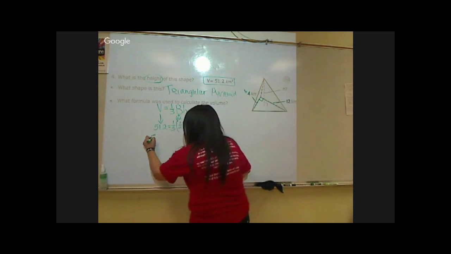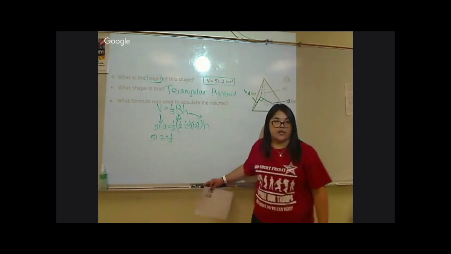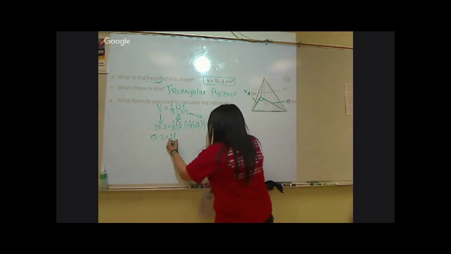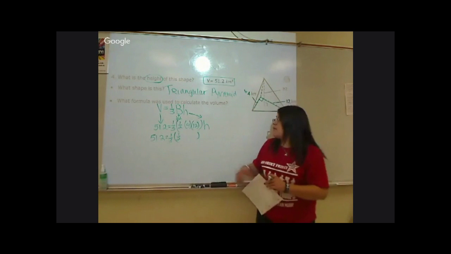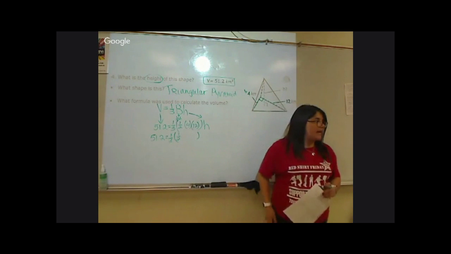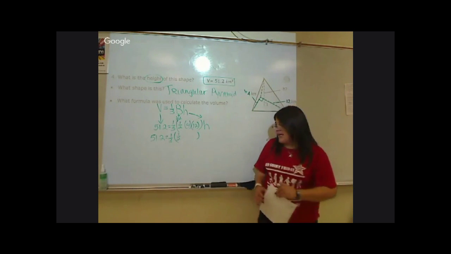We still have our 51.2 that's still equal to the 1/3 here. Let's do something inside of these parentheses. I'm gonna leave that half there still, but I can do my 4 times 12. What is that? 48.